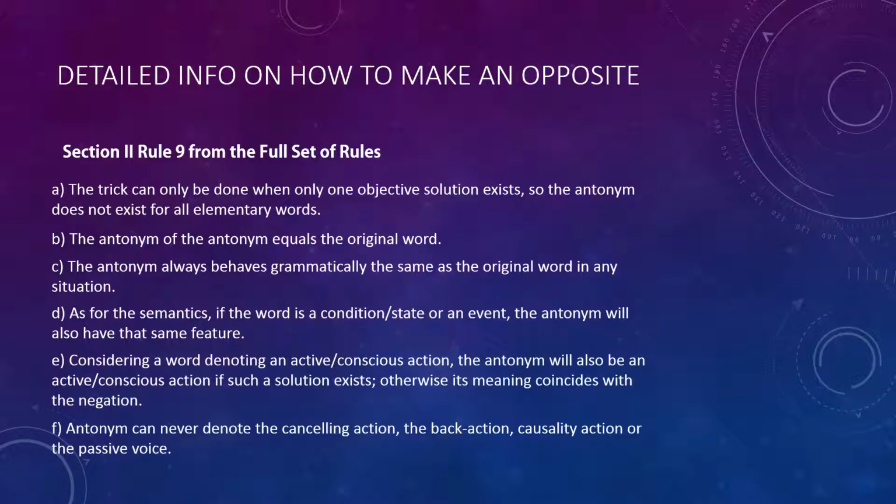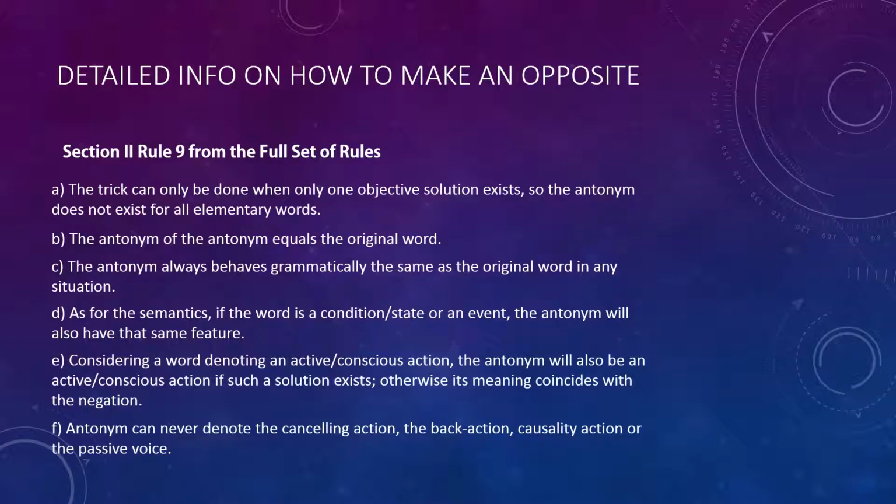That's the point. Now, causality action. Causality action is like to cause something to happen, right? For example, you might ask, what's the opposite of be born? And some people might say maybe give birth. The opposite of be born is give birth.